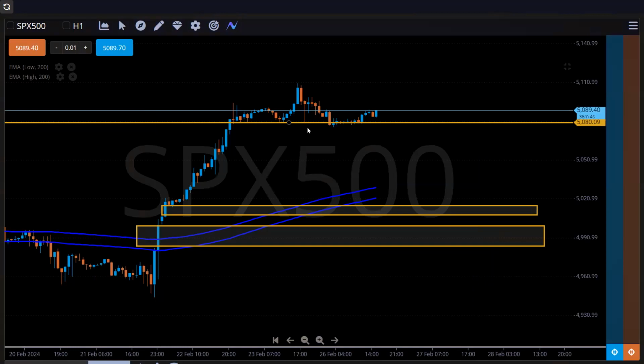Right? So this is support. We know that we want a buy. So if price breaks below this line, it could be headed down to this imbalance, which is where we want it to go.